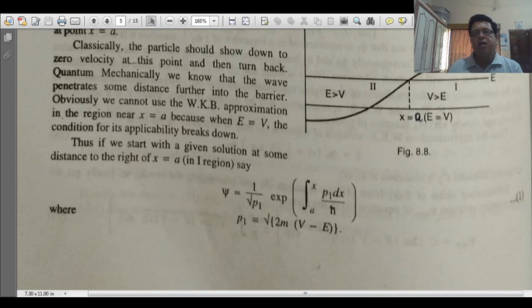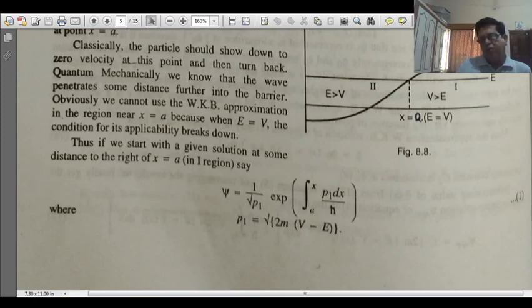Thus, if we start with a given solution at some distance to the right of x equal to a in the first region, what is the solution there?